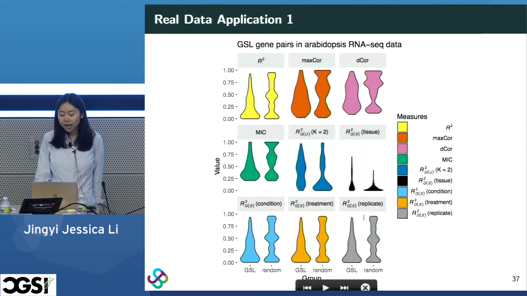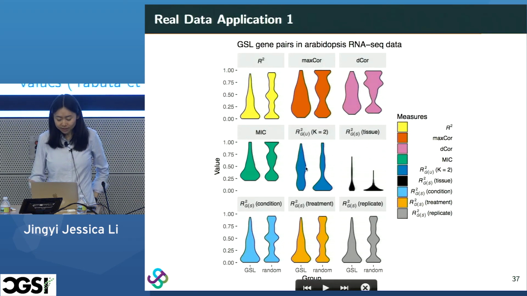But using our unspecified version, which means we do not know the indicator but just specify K equals 2, then we can effectively show that GSL genes have higher measures than the random gene pairs, which again demonstrates that we can use the measure to screen for interesting gene pairs.